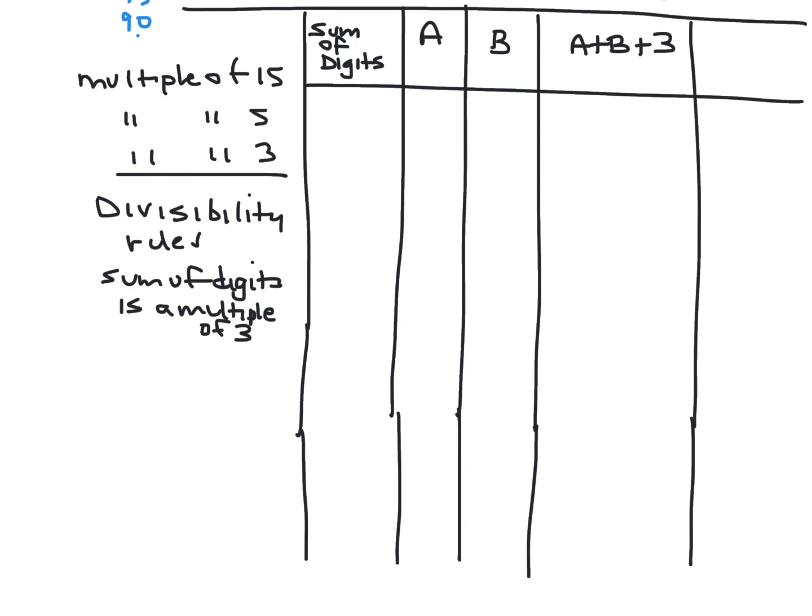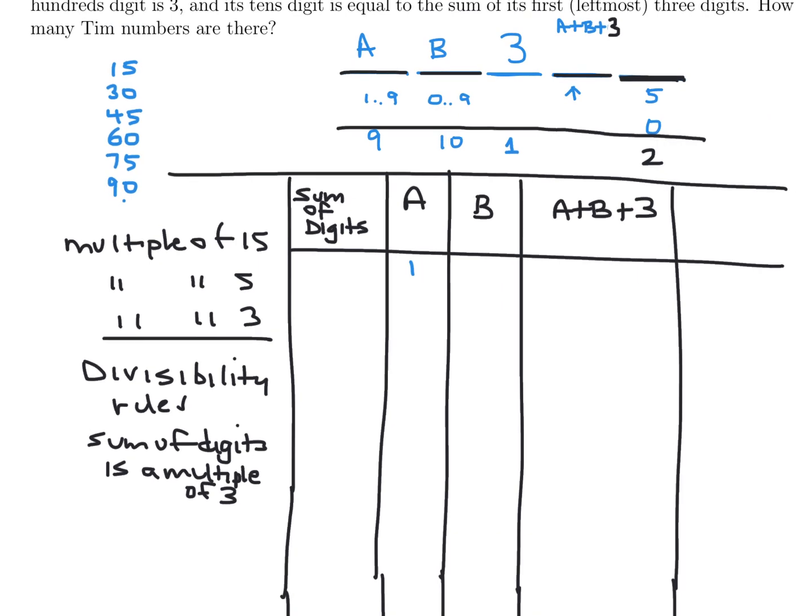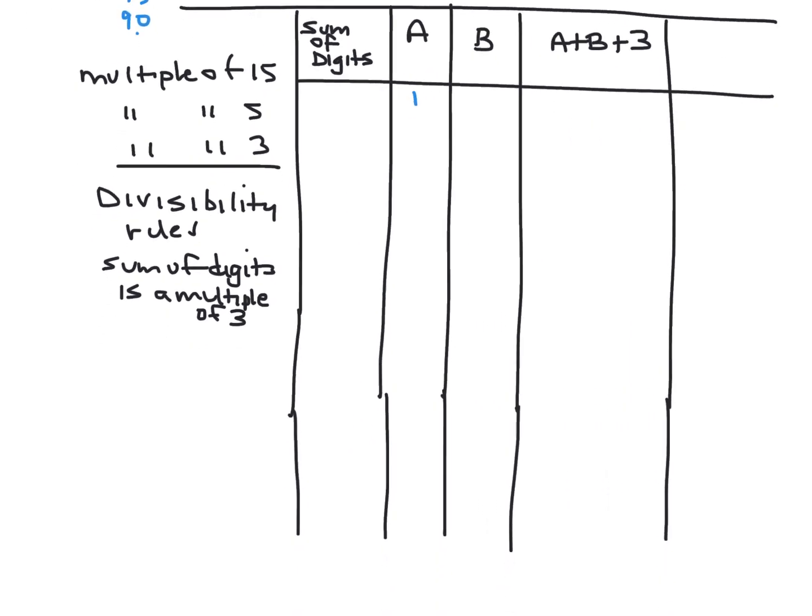All right, so let's start off. Remember, we can only go from 1 to 9 for A, and B goes from 0 to 9, so that's why I'm putting 1. For A equals 1, B, the smallest is 0. A plus B plus 3 would therefore be 4, and the sum of the digits is 5 for just those 3. And then so on, like this.